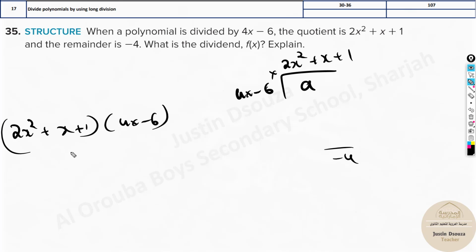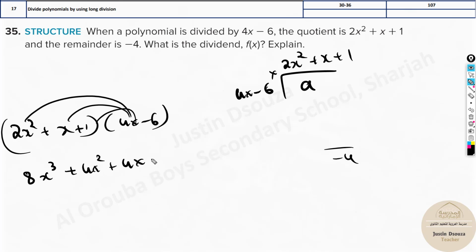When you multiply this, distributive property, let's take this from here. It will be 4 into 2, 8x cubed, plus 4x squared plus 4x, minus 6 times 2 is 12x squared, minus 6x, minus 6.